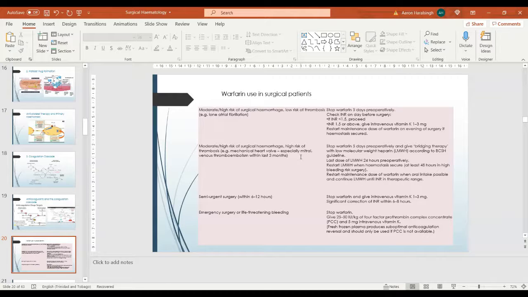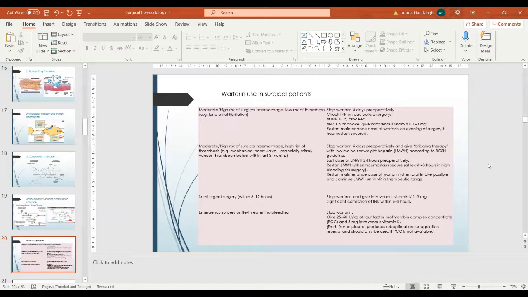If there's emergency surgery or life-threatening bleeding, stop warfarin right away, give 25 to 50 international units of prothrombin complex concentrate, as well as 5 milligrams of IV vitamin K. In cases where the PCC, the prothrombin complex concentrate, is not available, then fresh frozen plasma can be used.